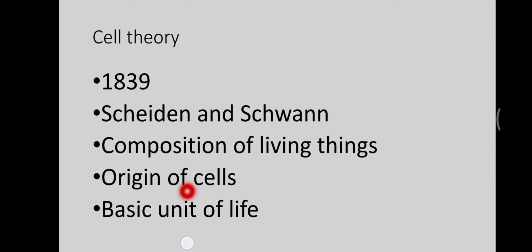Secondly, the origin of cells: cells come from pre-existing cells, those cells which are already present. Third is the basic unit of life: cells are the basic units of life, so if there is no cell, there will be no life.